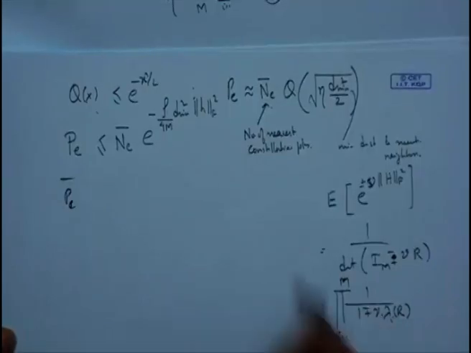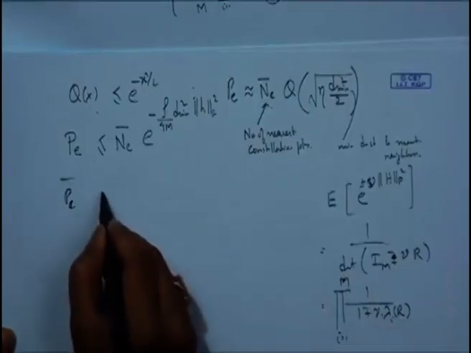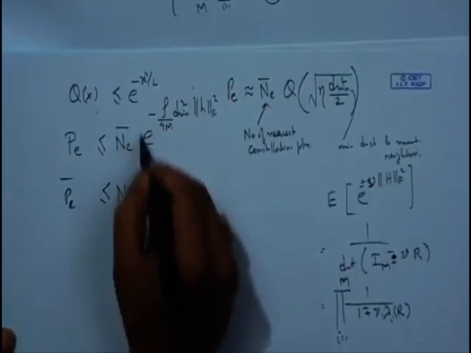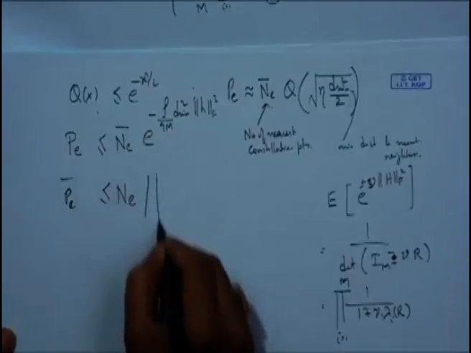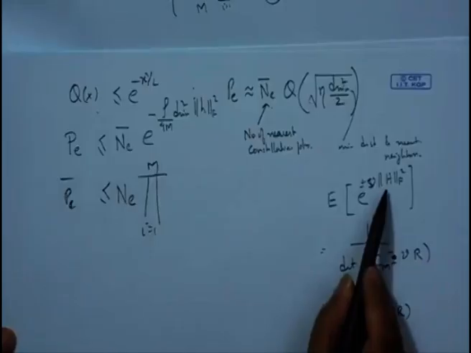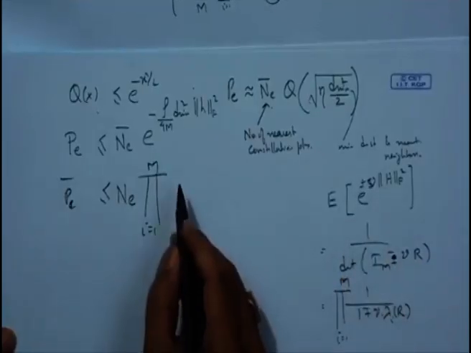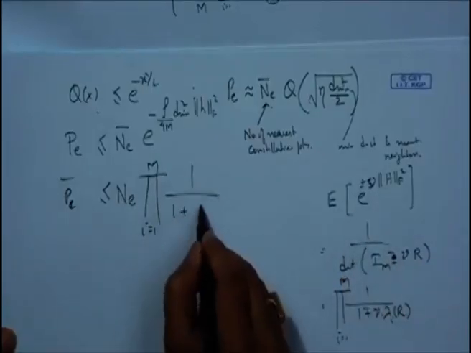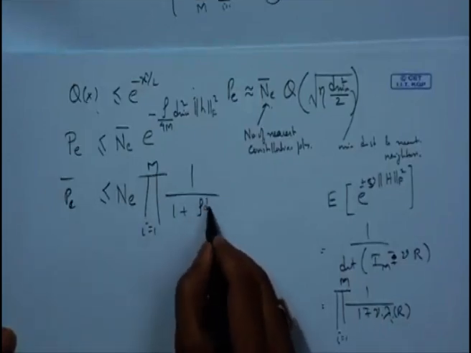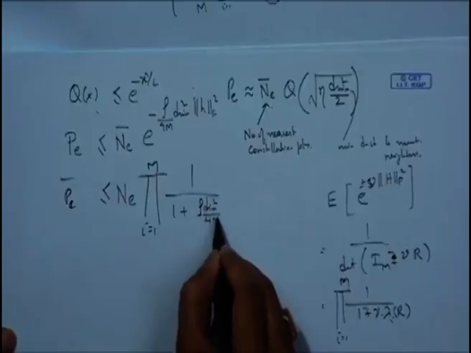When you're left with the average SNR, you could write the average probability of error as the expectation over this. So we have the product over i equals 1 to m, because this is of size m. Then 1 plus rho d_min squared by 4m.